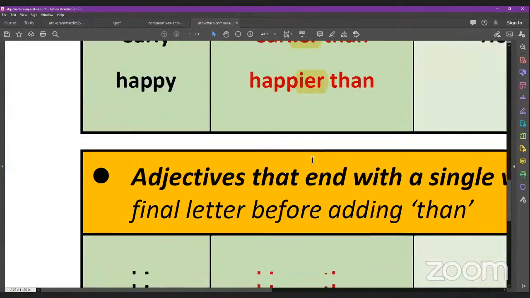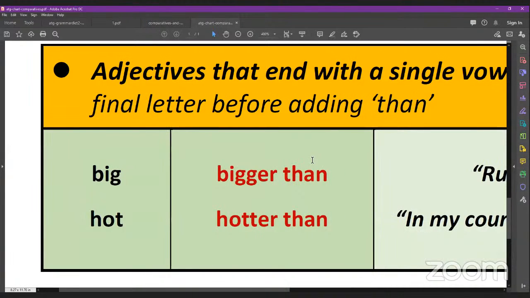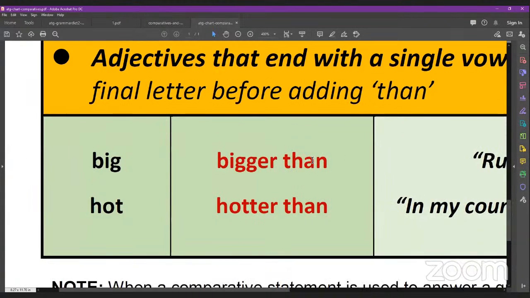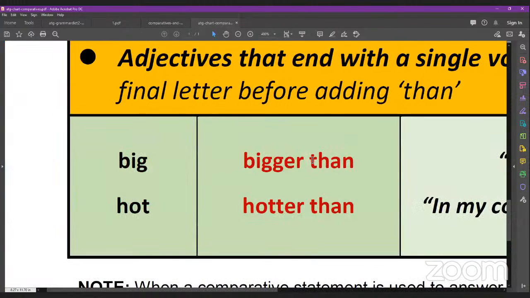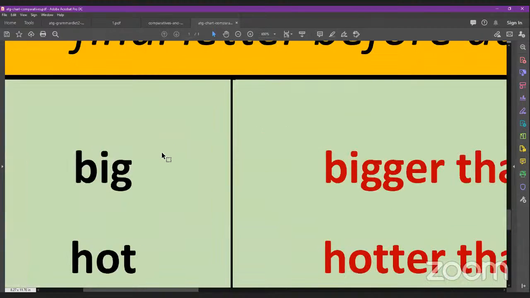Last rule. Adjectives with a single vowel and consonant. Don't confuse them, guys. Even though these are short adjectives, they are considered under a different spelling rule. We cannot add the suffix -er to the base form of these adjectives.